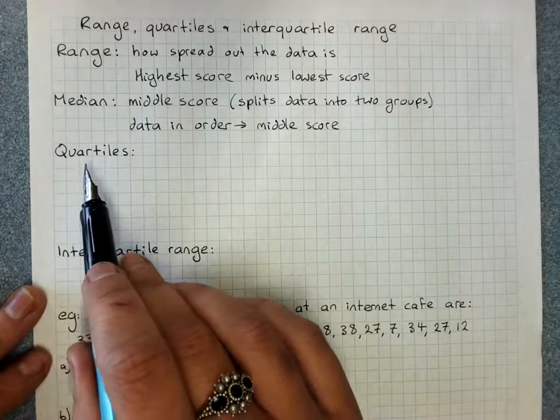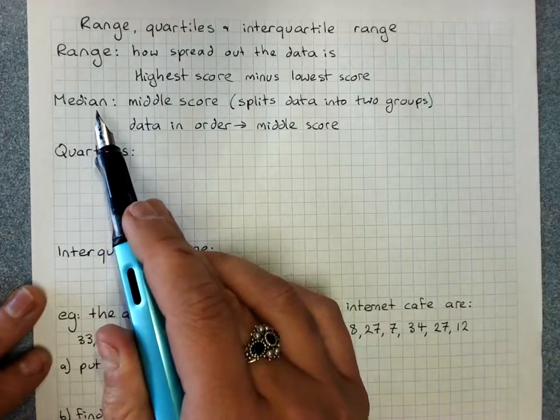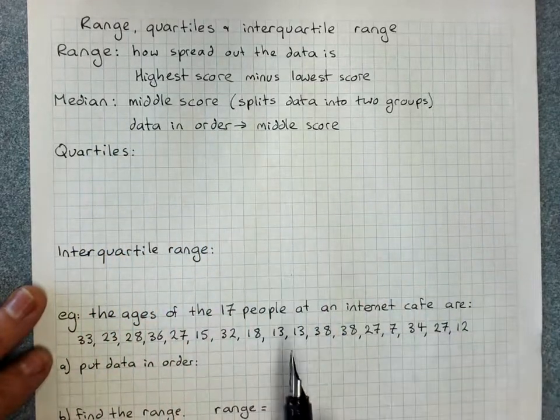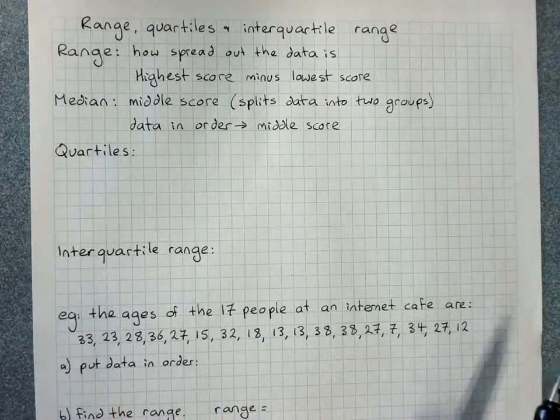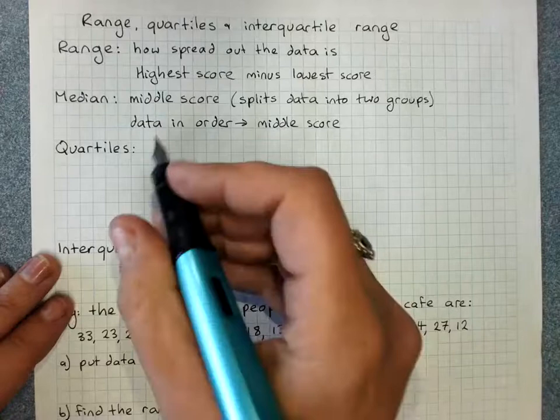Now the quartiles are actually pretty like the median, but instead of splitting the data into two groups, quarter means they split the data into 4 groups.